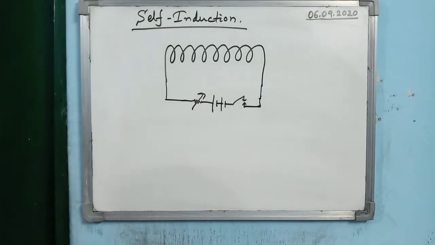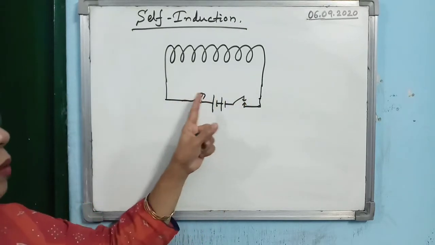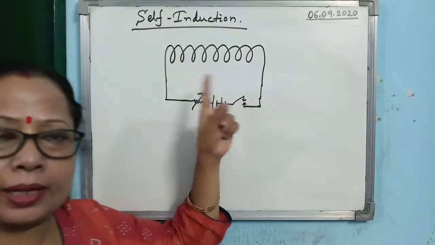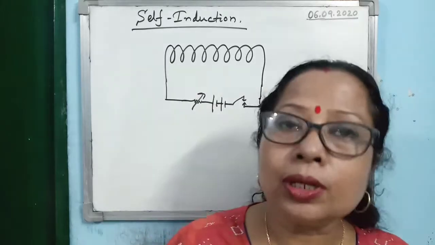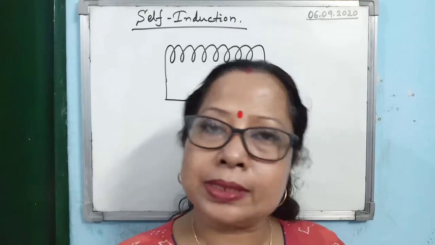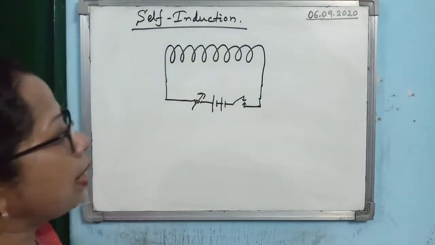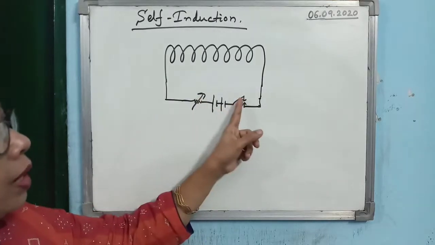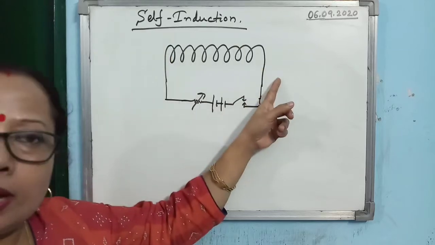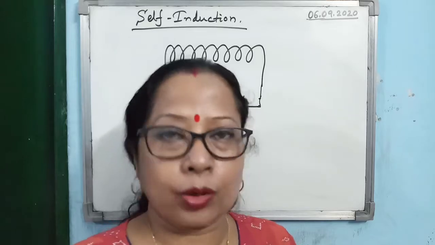Now you see, when the key is off, the current passing through the coil is 0, and you know when current passes through a circular loop of coil, it produces a magnetic field. We have studied this already in the previous chapter. So when the key is off, no current is passing through the coil, so the magnetic flux linked with the coil is 0.